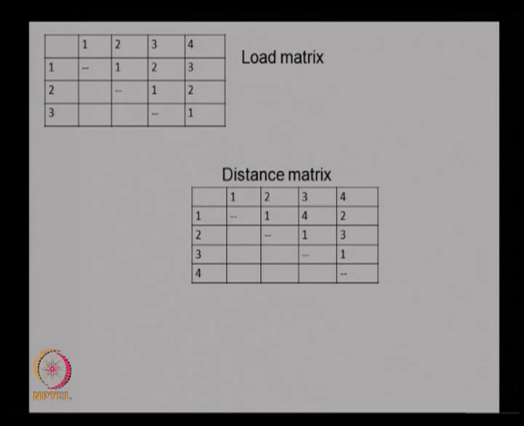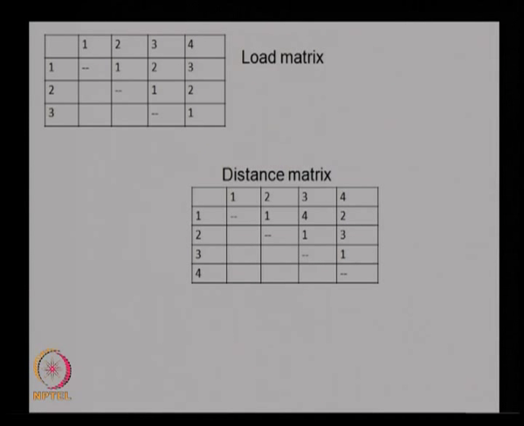departments and 4 sites. The loads are W12 is 1, we assume symmetry. The top matrix is the Wij load matrix, where you can see symmetry, only 3 rows are given, the 4th row is not required because of symmetry.